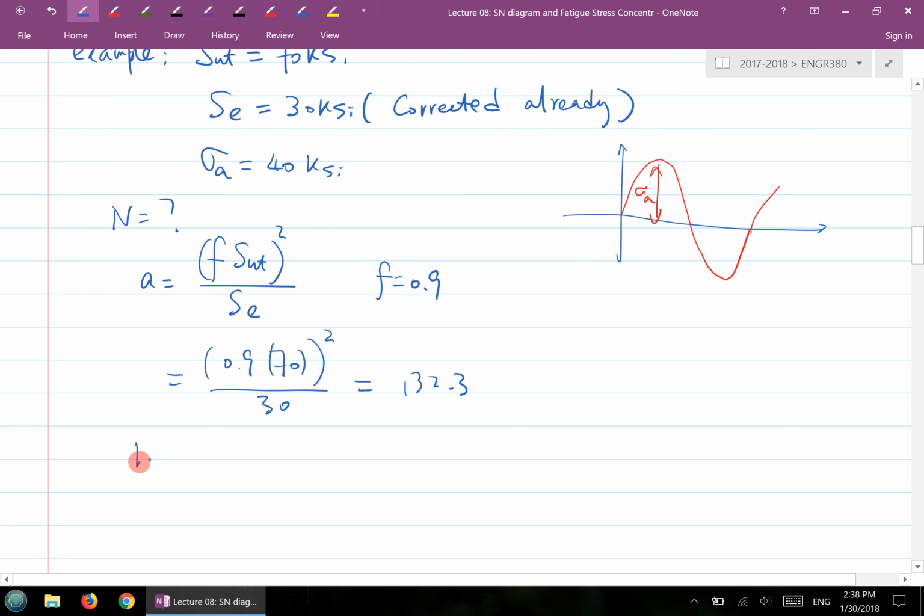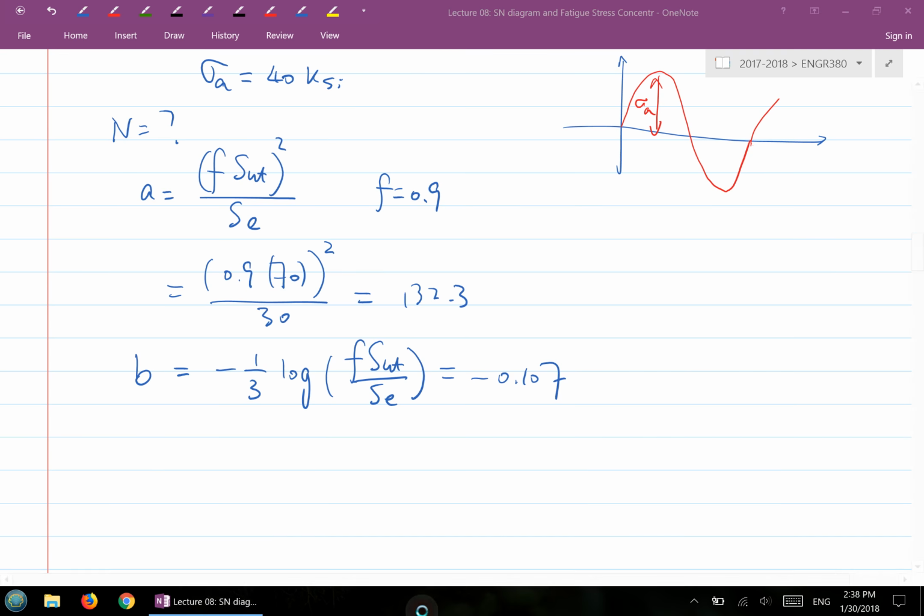Then you can calculate the A value, 132.3. And then we can calculate the B value, negative 1/3 log of F SUT over SE. Same thing, plugging in all the values, you get your B value, negative 0.107.